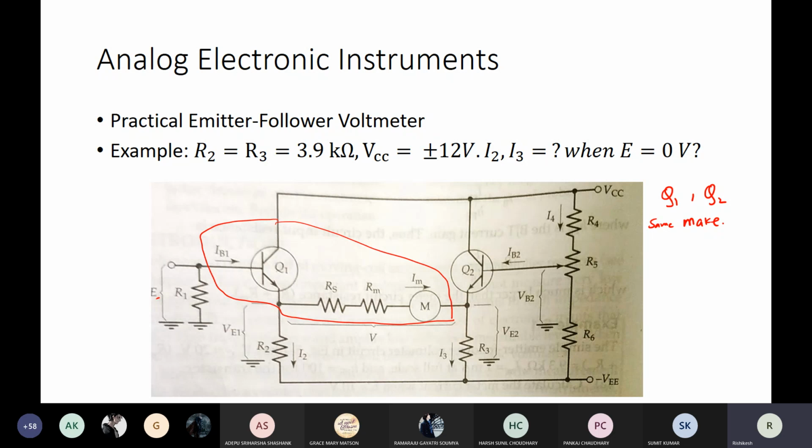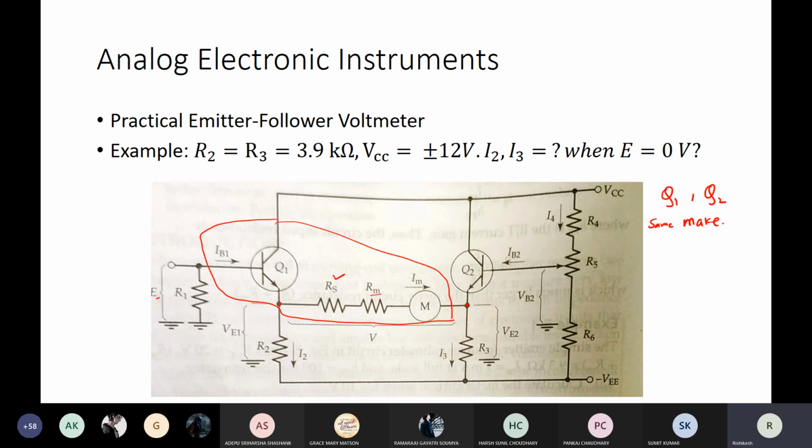What is done here is that you have the meter connected along with the series multiplier resistor to increase the range of the meter, which we have already seen, and the internal resistance of the meter. The current IR will flow through this.